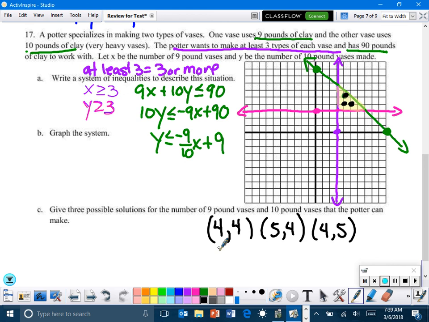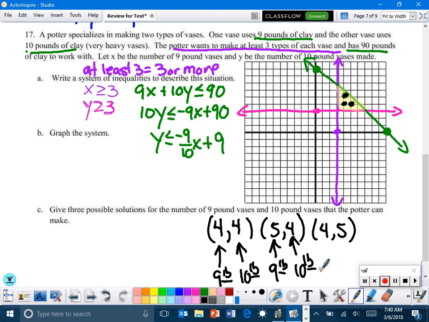Okay, what does that mean? That means you can make 4 of the 9 pound and 4 of the 10 pound. Or you can make 5 of the 9 pound and 4 of the 10 pound and so on. Okay? So that's what that's telling us.